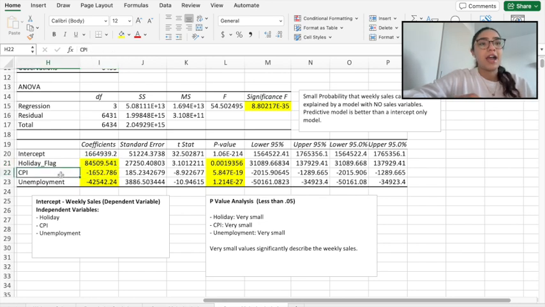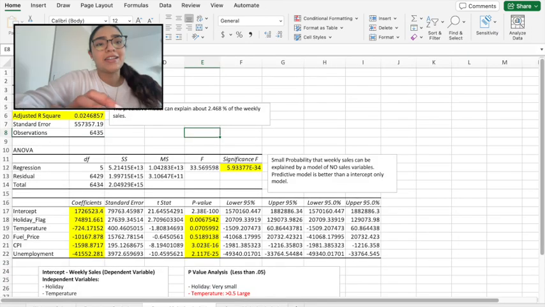And then for CPI and unemployment, of course, if unemployment increases, then weekly sales are expected to decrease, such as the consumer price index. And this is what we got. So that was the end of our analysis.